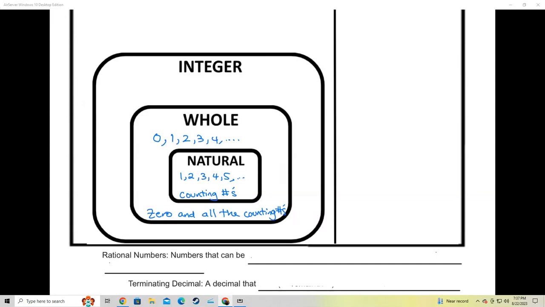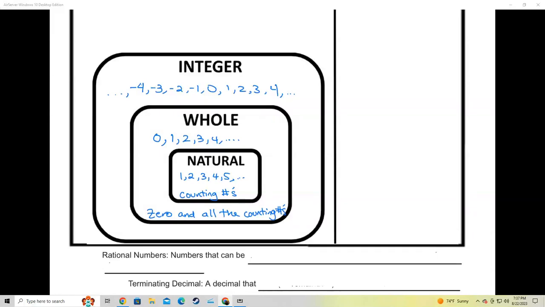So integers are all of those natural numbers along with their opposites. I can't start at the beginning because there are too many, but I'm going to start here at -4, -3, -2, -1, 0, 1, 2, 3, and 4. These are all integers. Again, this doesn't stop here, so we keep on going, and the same thing in the beginning. It actually started way before that.